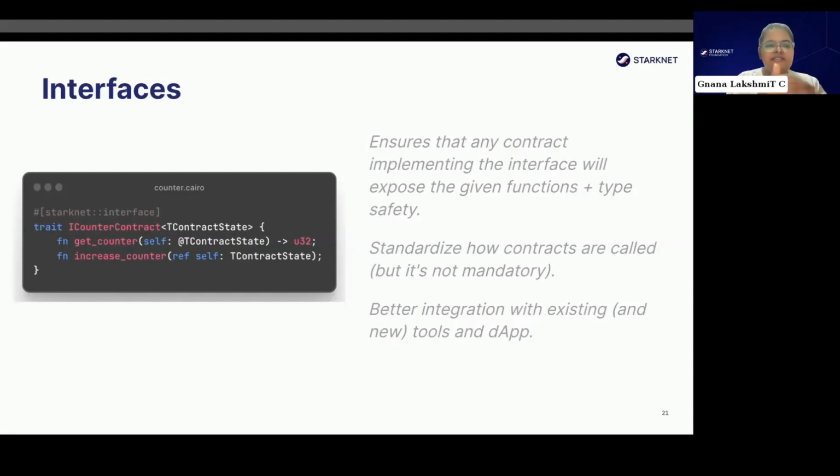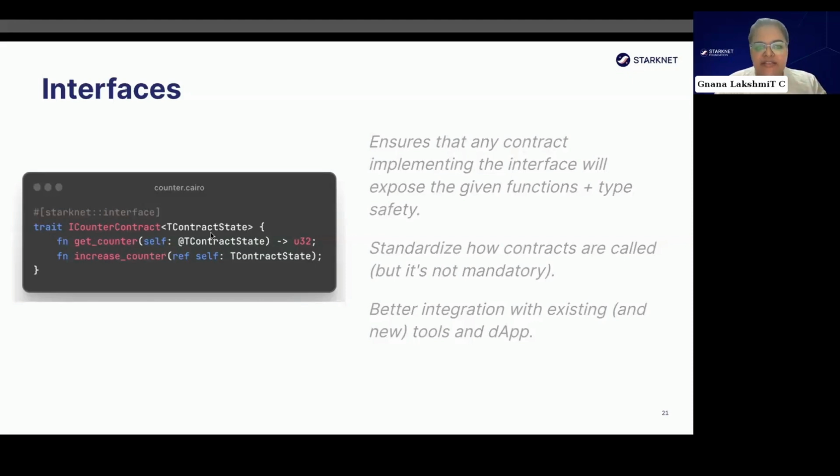This trait is telling us that these are the functions that are part of my program, and these functions are going to act on a particular type of variable. In this case, we are keeping it generic, so when we implement this trait, we can tell what type of variable the functions of this trait will act upon.